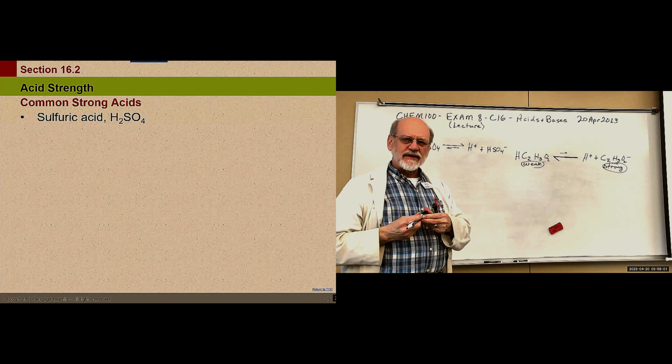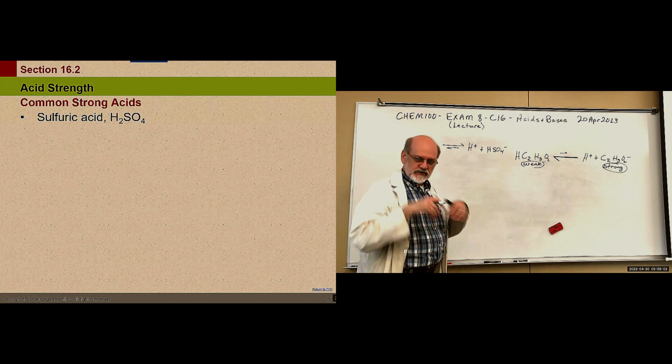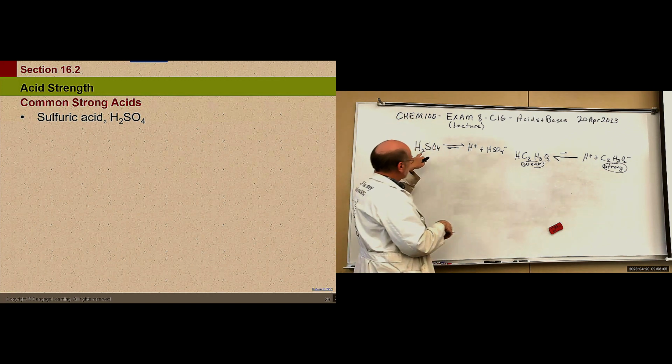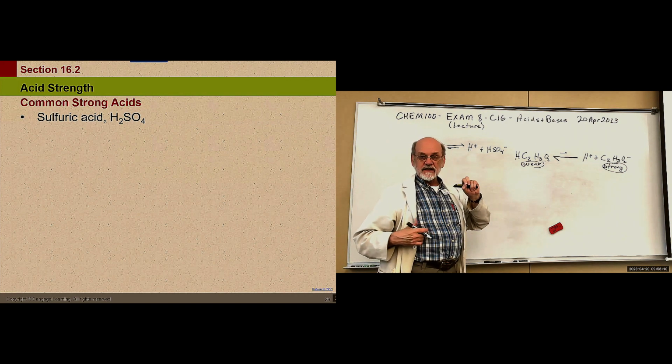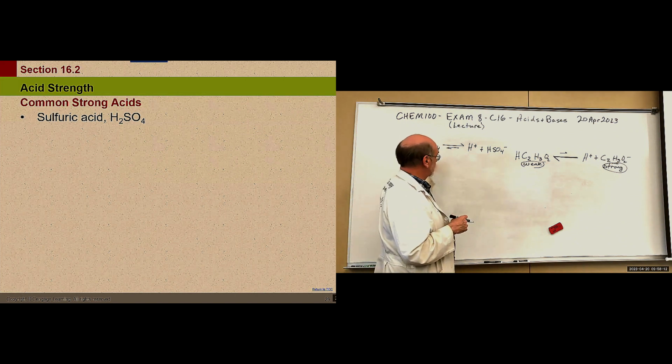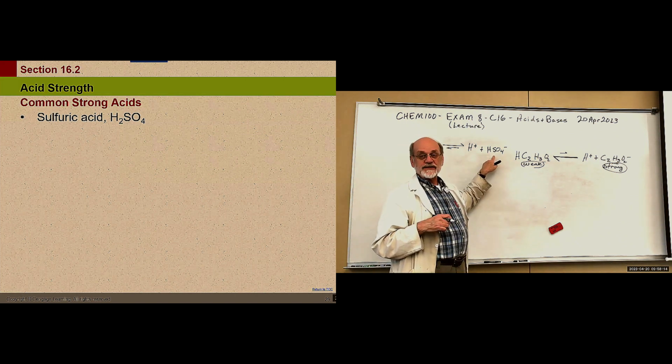Now, I don't know if I have a slide on it in here, but I'm going to say it now because it's stream of consciousness. The strong acid character of sulfuric acid is due to its first proton. If we try to remove a second proton, this becomes a weak acid.